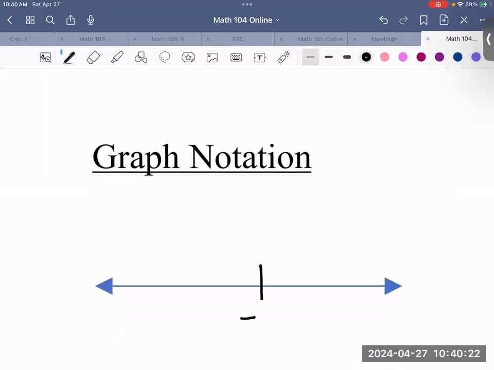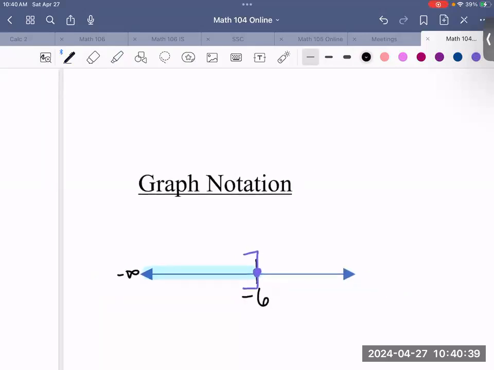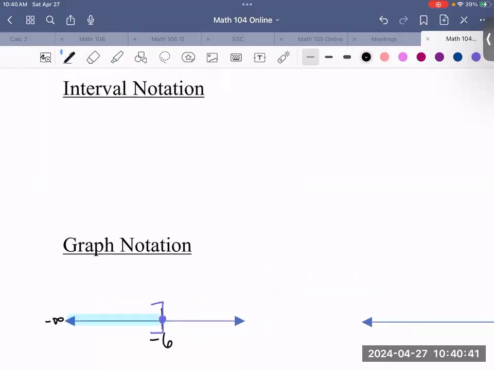We said -6, and we are less than or equal to -6, so values that are less than. So we're going to have a closed dot or a bracket shading towards -infinity. So your interval, we're going from -infinity all the way up to -6. We do not include -infinity, but we can include your -6.